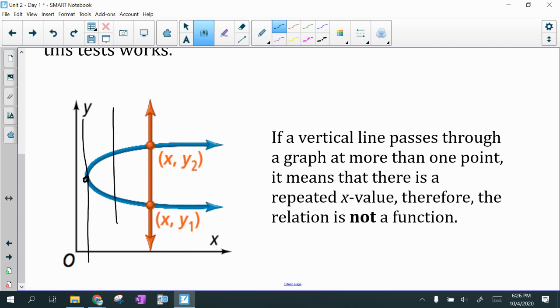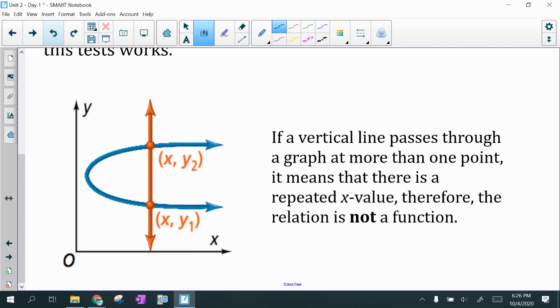But pretty much every place else that I draw it, I'm hitting in 2 spots. Since my vertical line passes through the graph at more than one point, that means that at some x value, we'll say this x value down here, I am going to have 2 different y values that apply to that x value, which is bad. So we're going to say, no, this is not going to be a function.